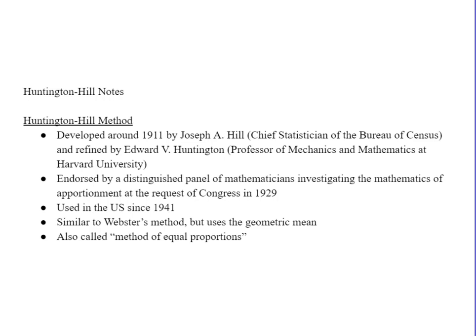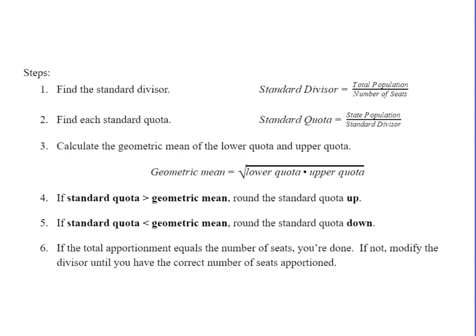So let's take a look at some of the steps. Just like all the other methods, we start out by finding the standard divisor, which is the total population divided by the total number of seats, and then find the standard quota for each state. So we do the state population divided by the standard divisor. Now, here's where it gets different.